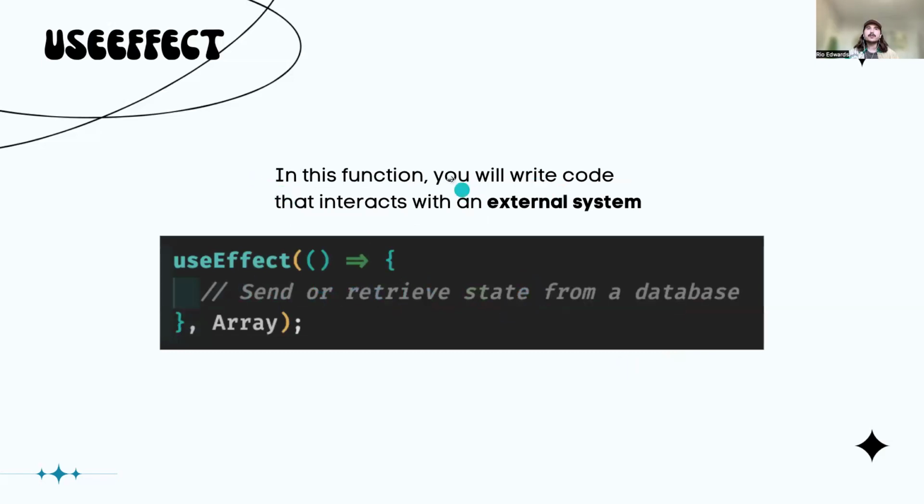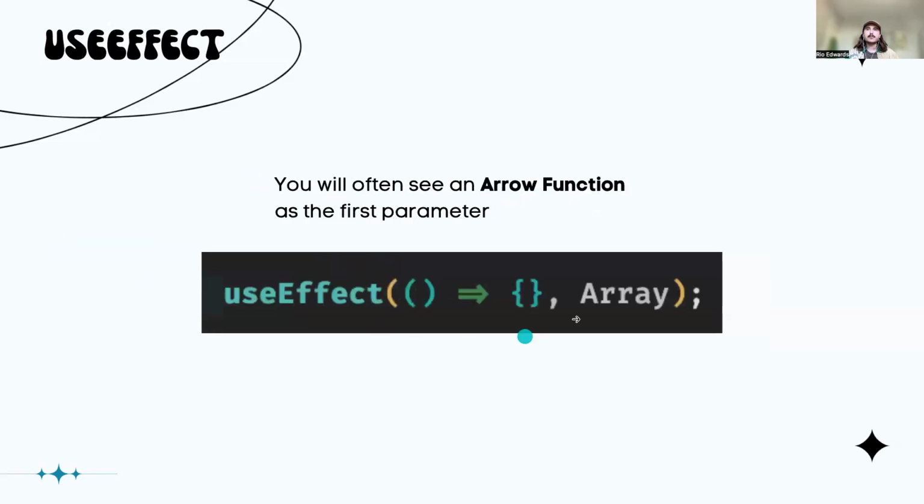So in the function, you'll write some code that interacts with an external system. And here it looks a little bit different from the last frame. Really, all I did is I extended the body of this function to be multiple lines. So this curly brace here and closing right there, I just extended it over multiple lines. So the body of this arrow function is multiple lines. It's still the same as this, though.